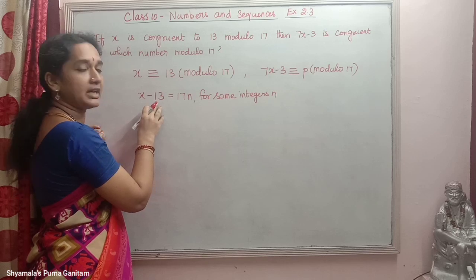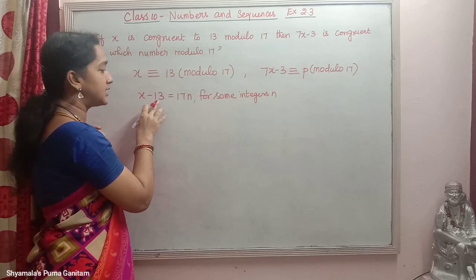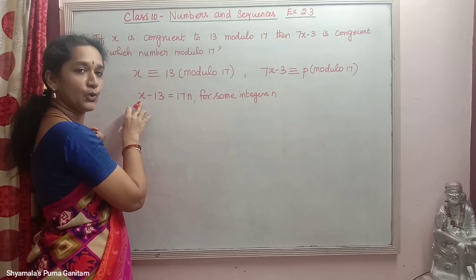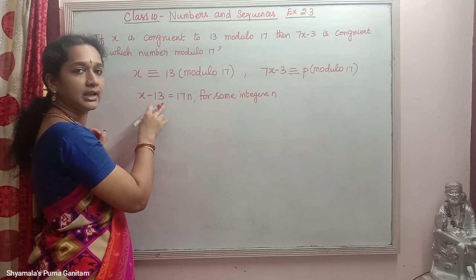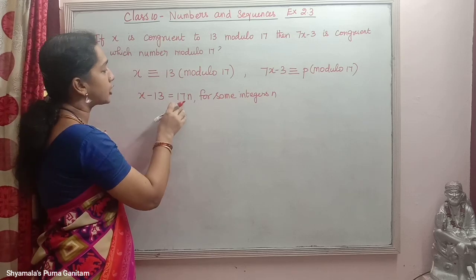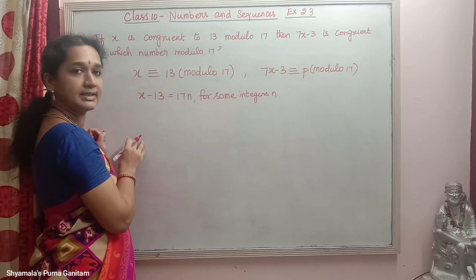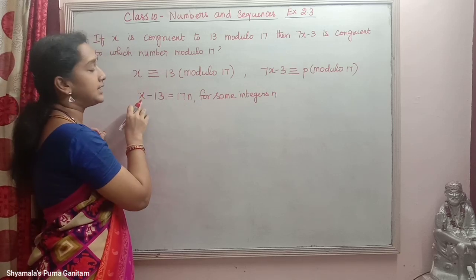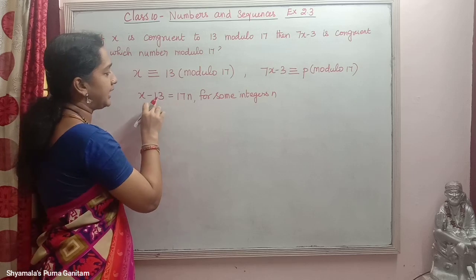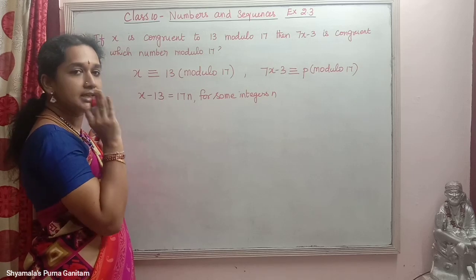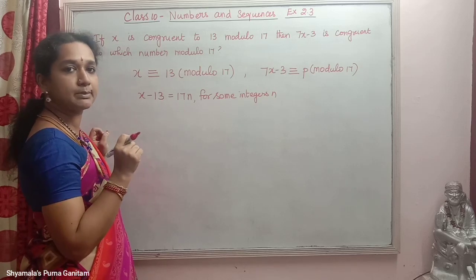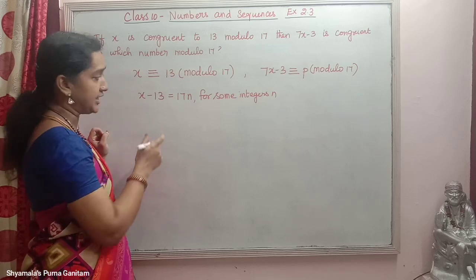We will take a number bigger than 13, so we will start from 14. 14 minus 13 is only 1. So we will take the number 30, since 17 plus 13 is 30.